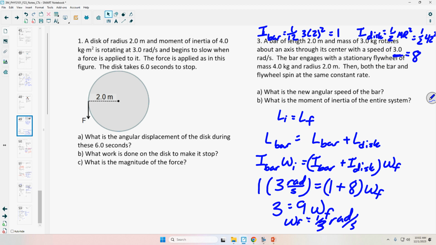Okay. I think in your exam, I actually asked what is the total angular momentum of the system, and then this is the second part. But for the total angular momentum, well, the total angular momentum would just be this. So for part A, I'll ask what is the total angular momentum?